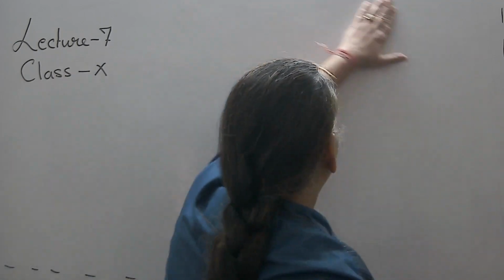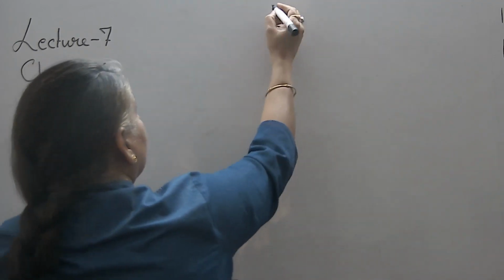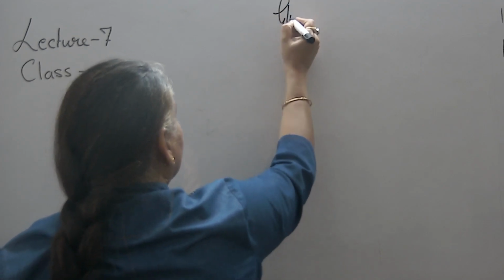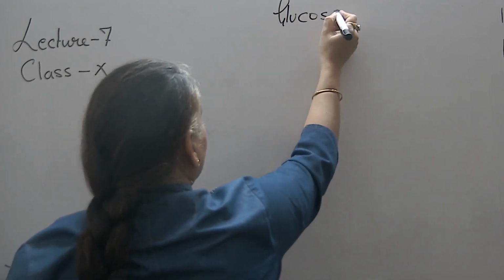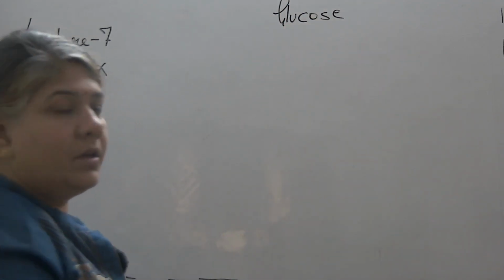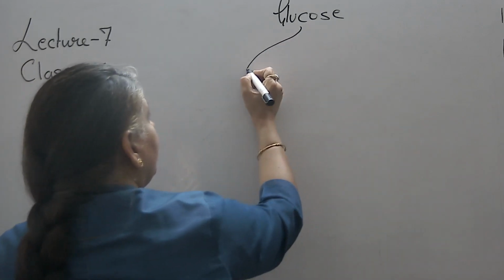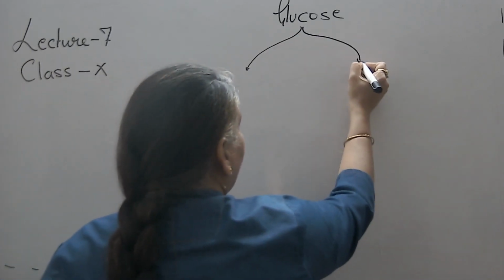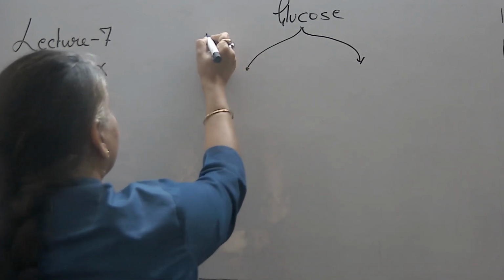Some organisms use glucose and break it down either in the presence or in the absence of oxygen.